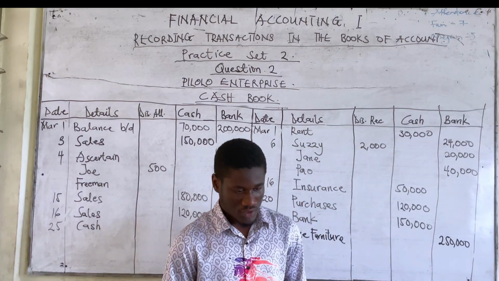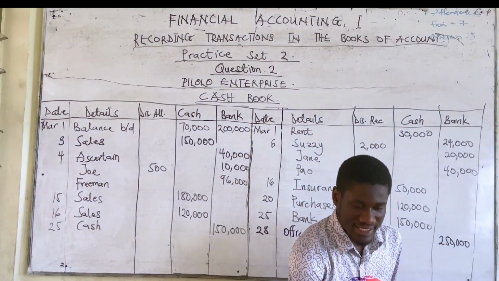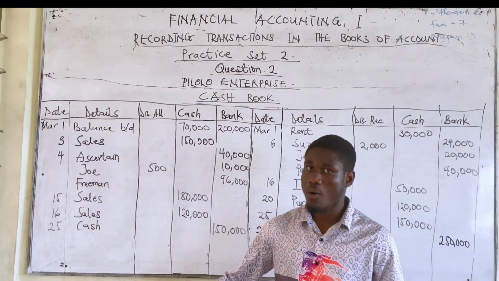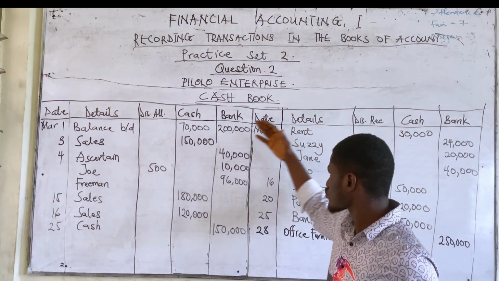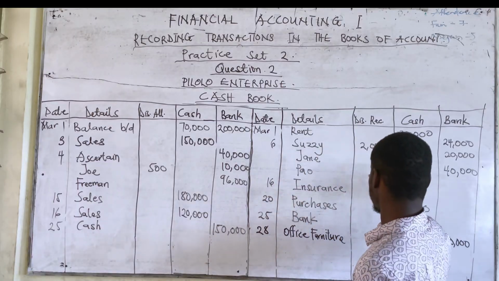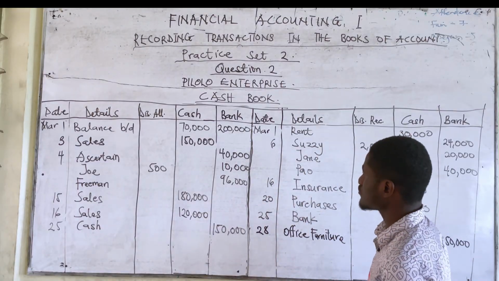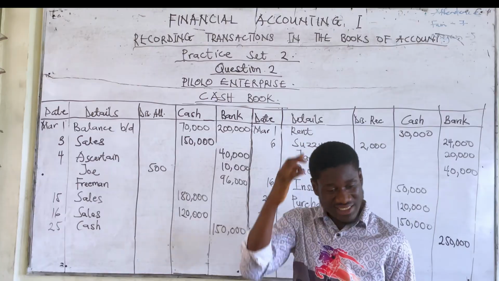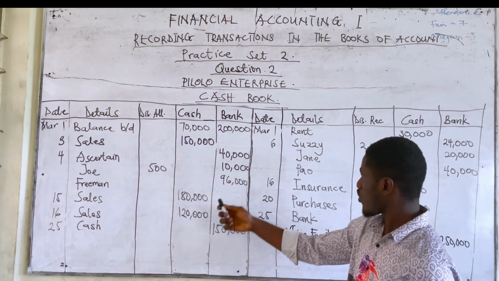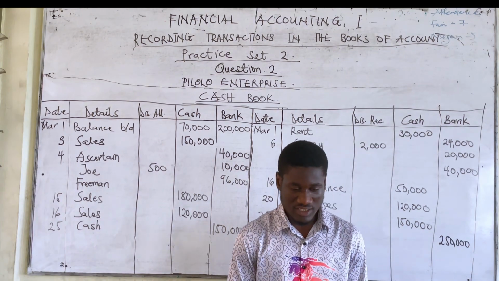Good. So we could see that there are no other cash or bank transactions again, because that's all we've recorded. We've selected the transactions that were involving cash and bank, and now we've recorded them in the cash book.